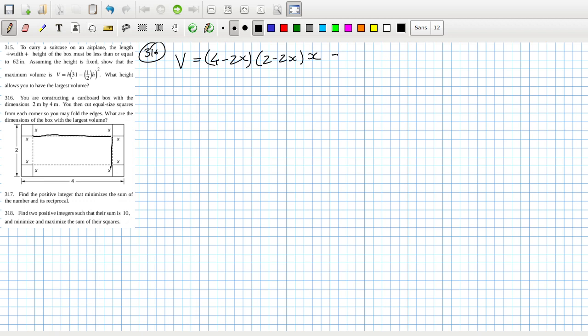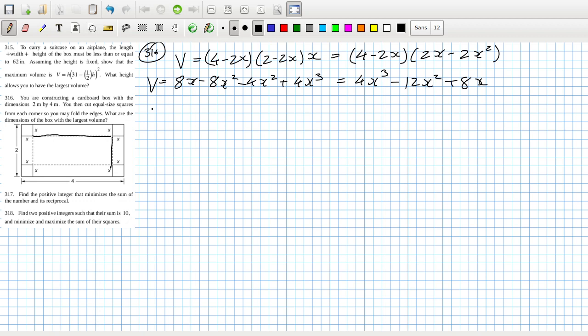So that would be 4 minus 2x times 2x minus 2x squared. So that would be times 4, 8x minus 8x squared minus 4x squared plus 4x cubed. So that's 4x cubed minus 12x squared plus 8x.